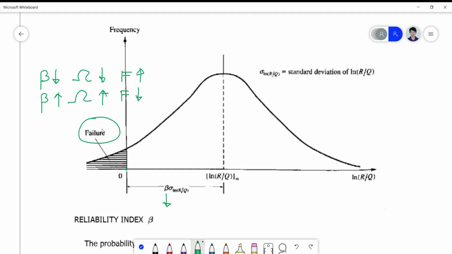So you have to dictate only a value of beta that is within the allowable guideline imposed by the codes on you, because we don't want to over design a structure just because we want failure not to happen.